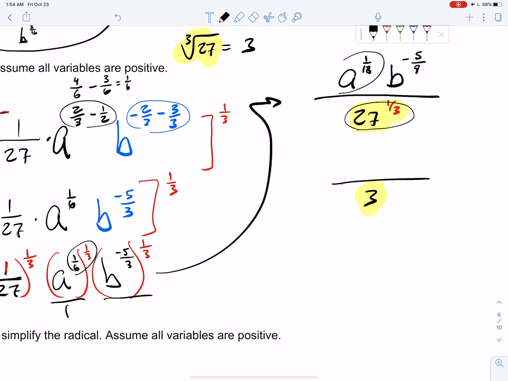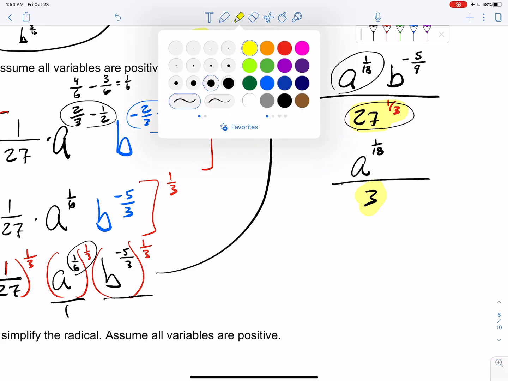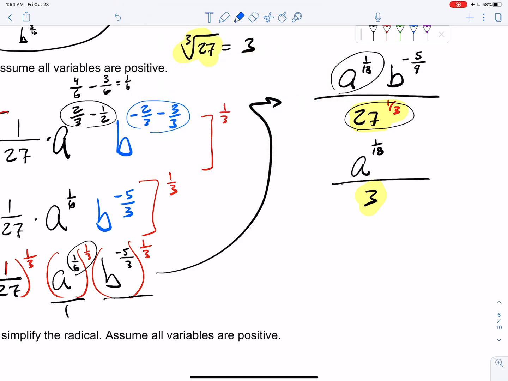Also, this is raised to a positive power, 1/18, so I'm fine with that. But this guy right here is problematic because of that negative exponent. And remember, the easiest way to remedy that is to take this whole factor and write it down here, but it must have a positive exponent if you're going to do that.